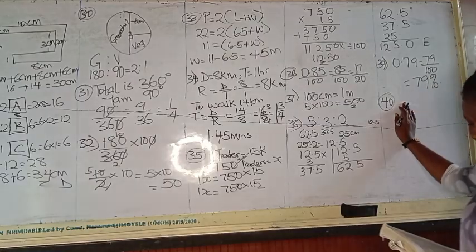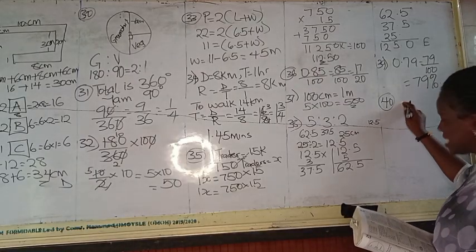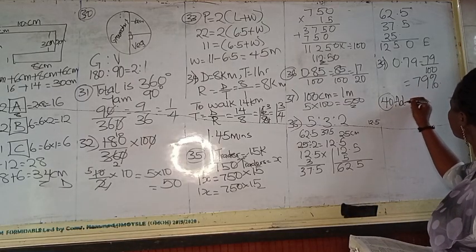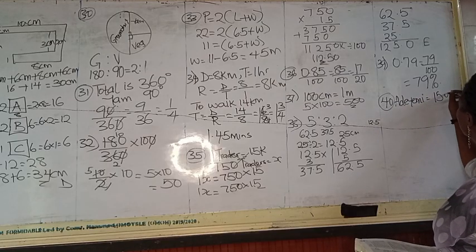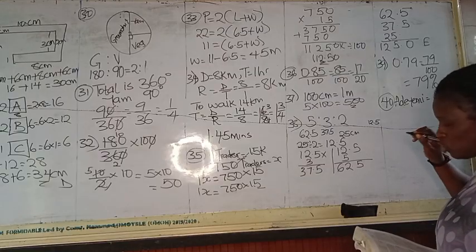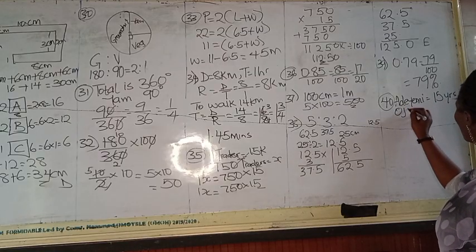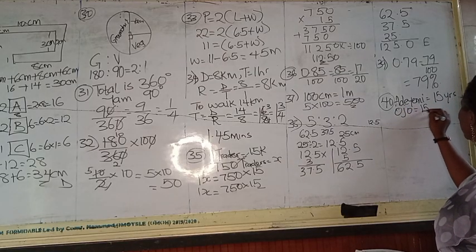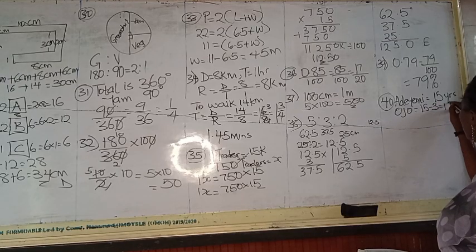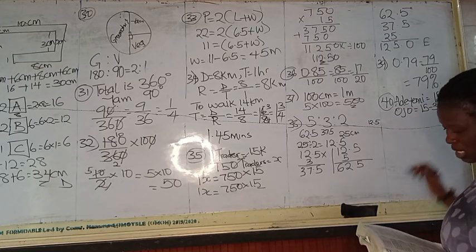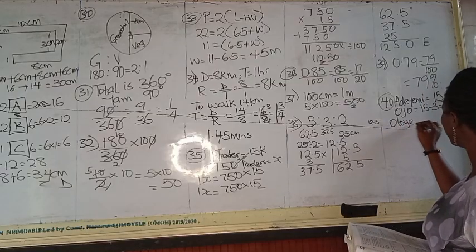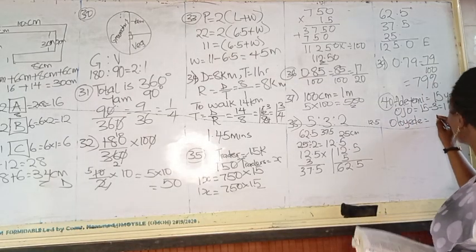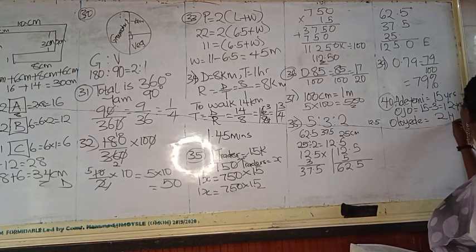Let's take the 40 here. The first one is who? Adeyemi, which is 15. Ojo wasn't given to us, but they told us that Adeyemi is 3 years older. So Ojo is 12 years old. And their eldest brother, Oloyede, is 21 years old. So what are we going to do?